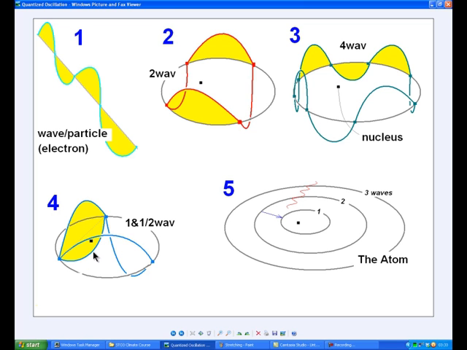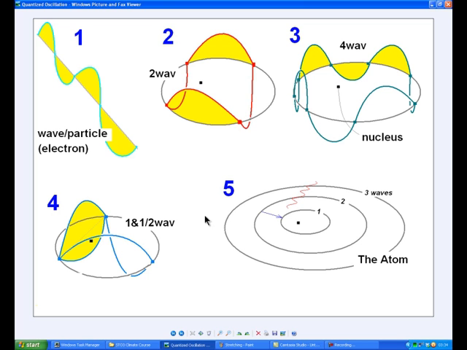So this explains why you can't, for example, have half a wave, or you can't have 0.7 of a wave. It has to be either one wave, two waves, three waves, four waves, five waves. You can't have fractions of waves.